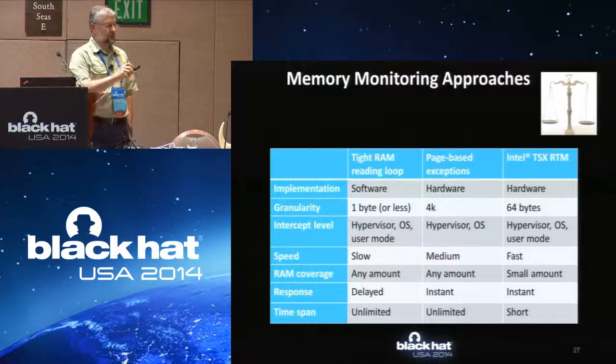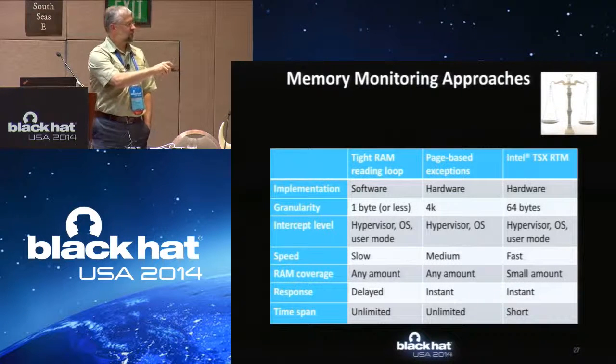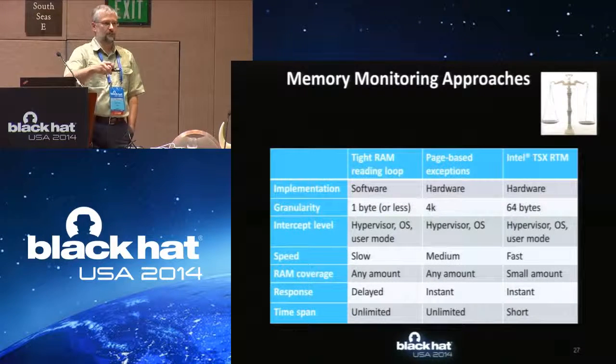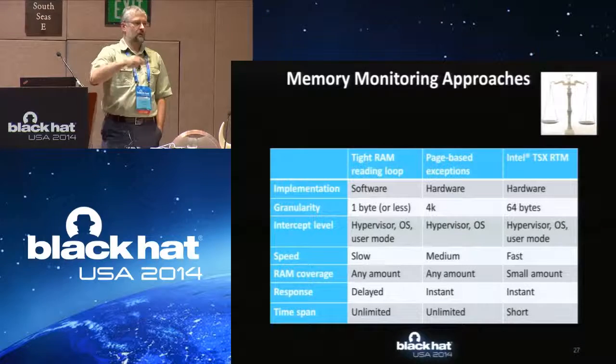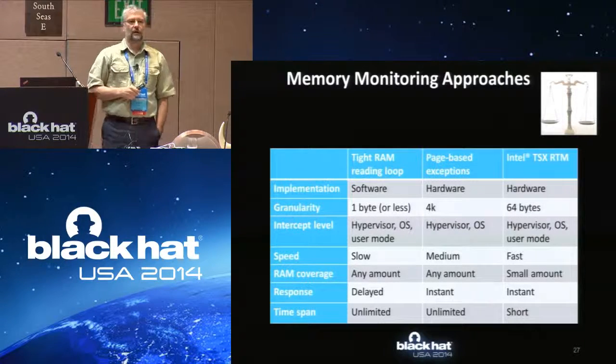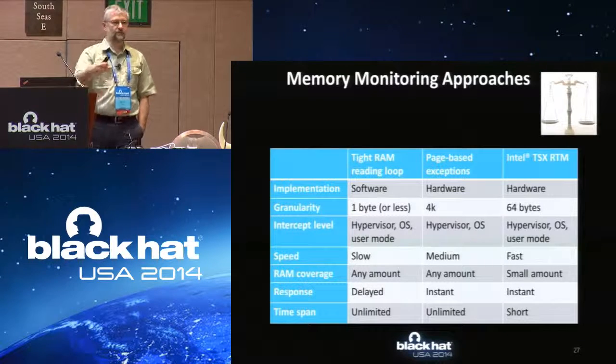The speed of operating these methods is very slow in tight memory loop, and even if you read the same byte constantly, it still may not be quick enough if malware disables the checking thread.